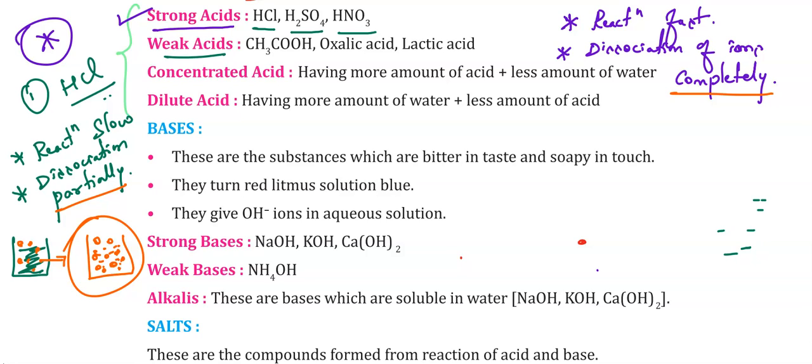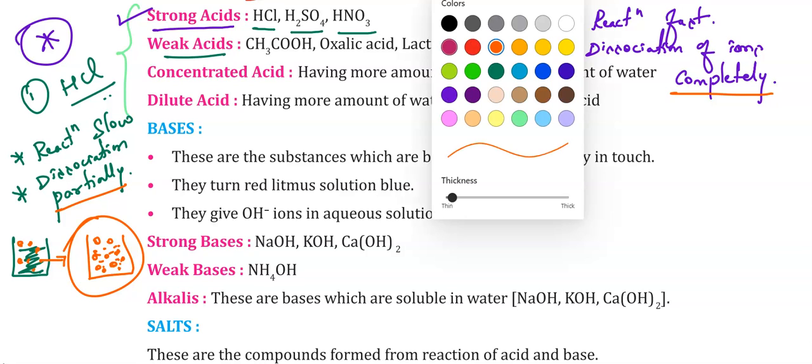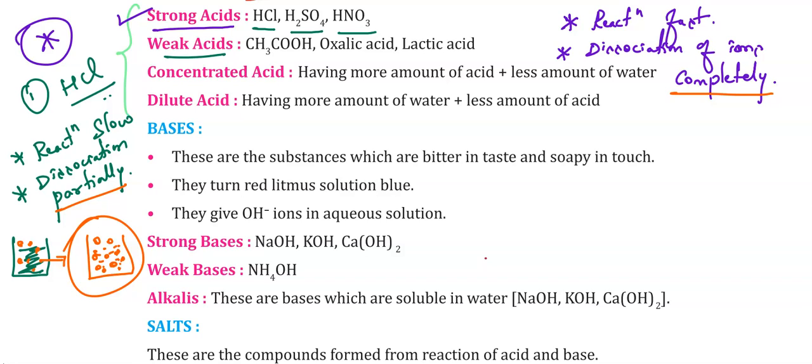Okay. Now let me say something about bases. Let it be a strong base or a weak base or whatever it is. Just let me tell you about the concept of bases here only. Let me wind up the topic here, because later on I may forget it. Now, if the acids are strong acids, we have seen the dissociation is complete, and if it is a weak acid, the dissociation of particles takes place, I mean, dissociation of ions is going to take place partially.